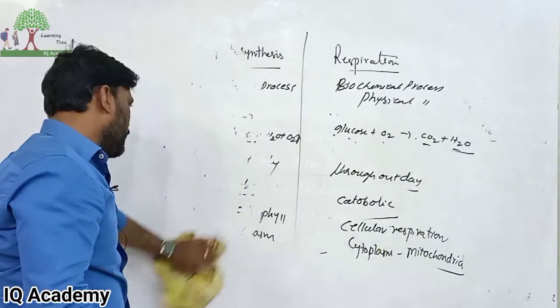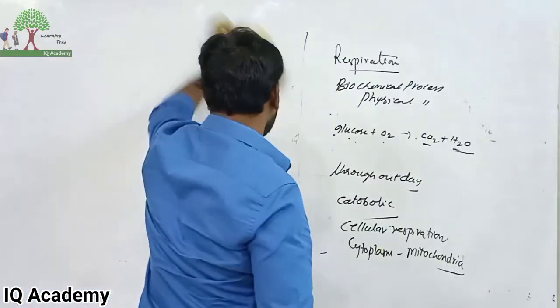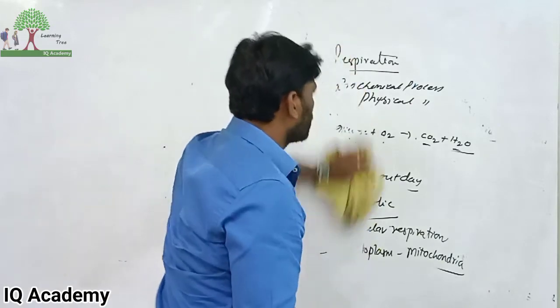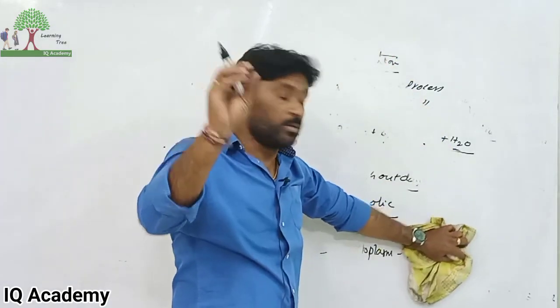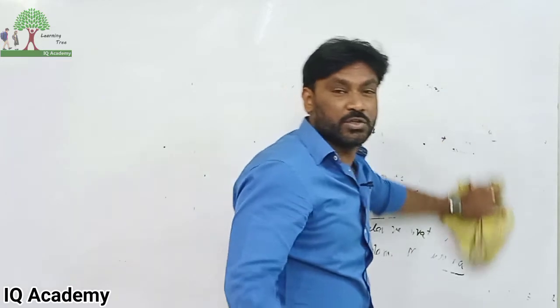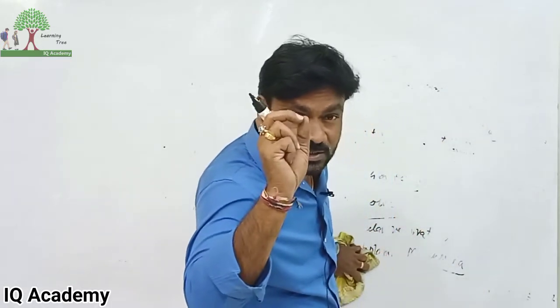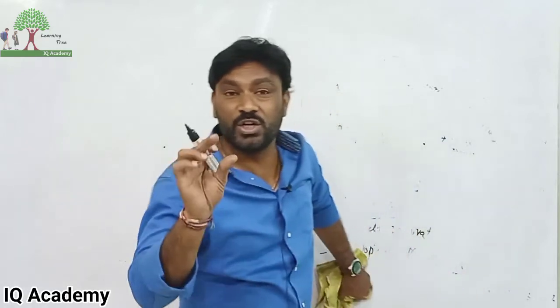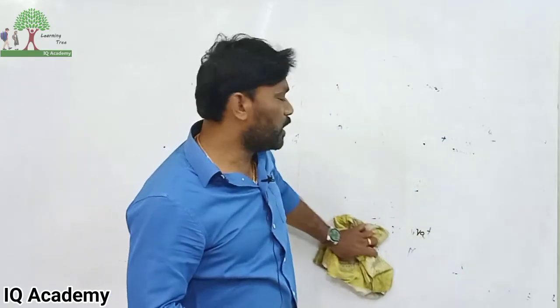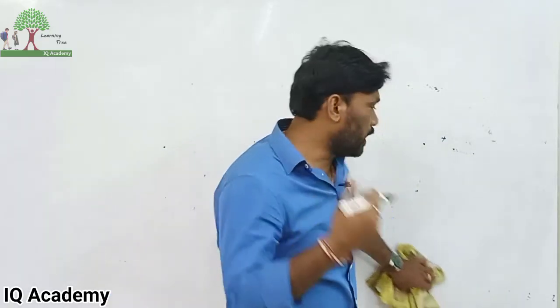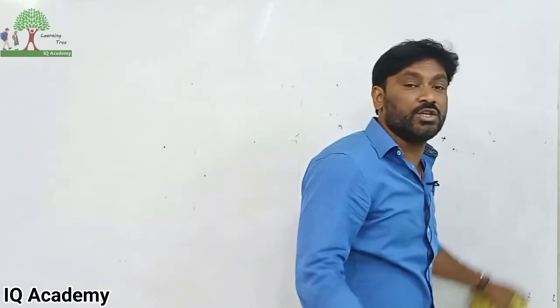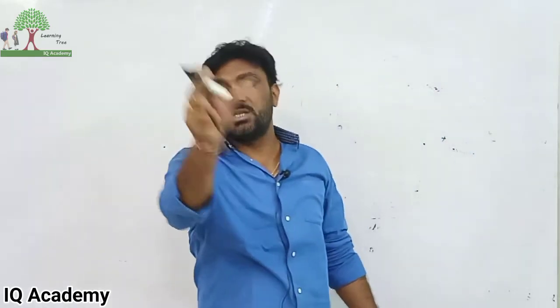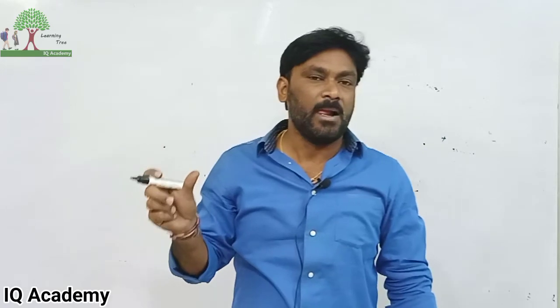We already discussed the topics in respiration. What is called respiration? It is a biochemical as well as a physical process where the exchange of gases takes place at the cellular level. Oxygen is taken in and carbon dioxide is released in two steps called inspiration and expiration.